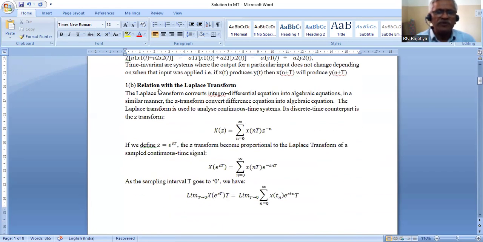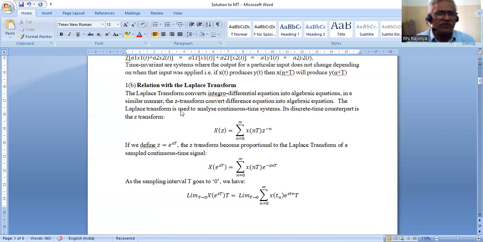The part B of the question was, relate Z transform with the Laplace transform. So the Laplace transform, as we know, converts the integral differential equation into the algebraic equation. In a similar manner, the Z transform converts the difference equation into the algebraic equation.